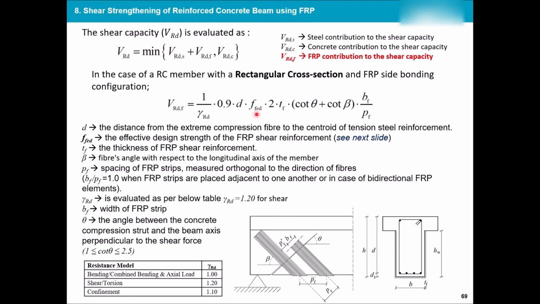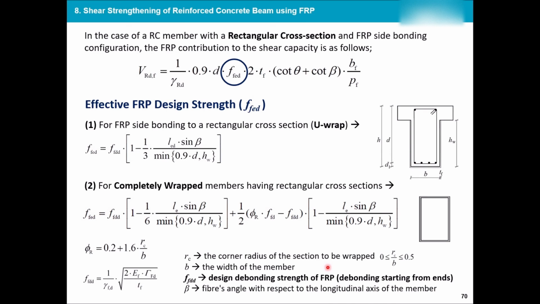This is different than that FFD that we used. And some factors as well. Again, as always, depending on how you're applying the FRP and the angle, it really matters, whether you're applying it in 45 degrees or 90 degrees. Let's look at the FFED, which is a kind of give or take long formula.